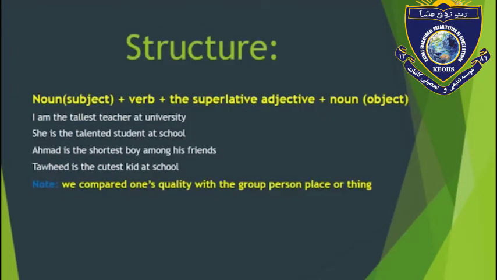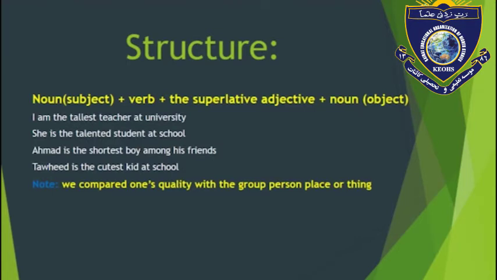The structure of the superlative adjective. We use noun or subject plus verb plus superlative adjective plus noun plus object. I am the tallest teacher at university. Here the comparison happened between one person and the other group of persons.